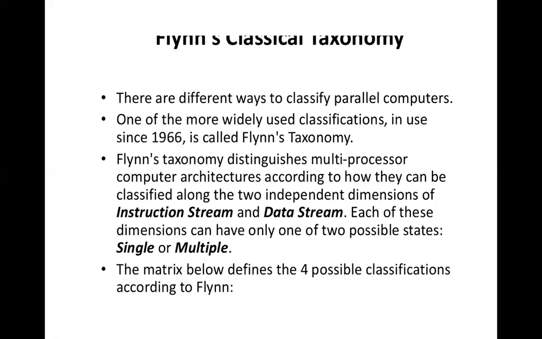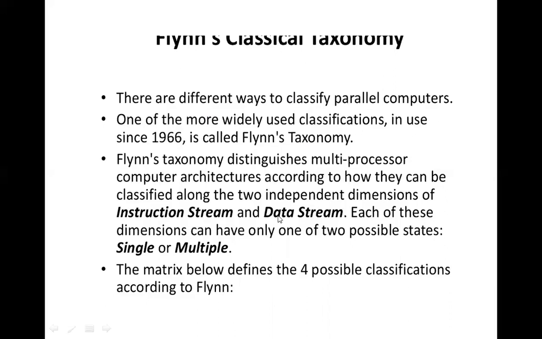Okay, so using these two, parallelism and pipelining, and Flynn's taxonomy, this is a very useful classification, with different ways to classify parallel computers. One of the most widely used classifications is called Flynn's taxonomy. Okay, he is a mathematician. He distinguished the multiprocessor computer architecture according to two streams: one is the instruction stream and the other is the data stream.